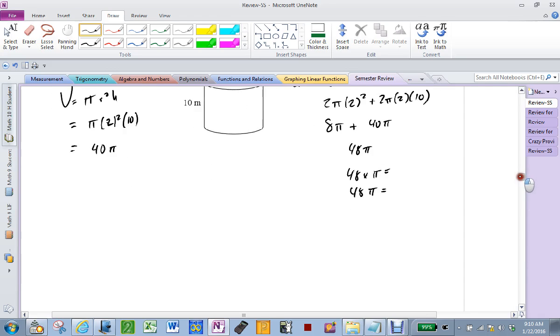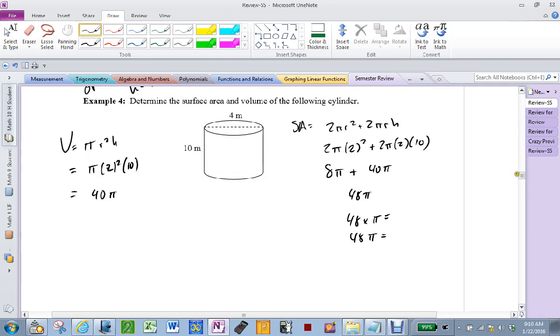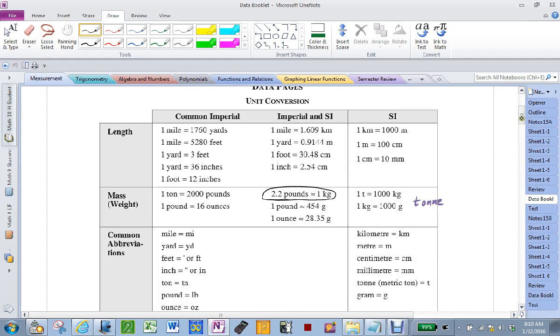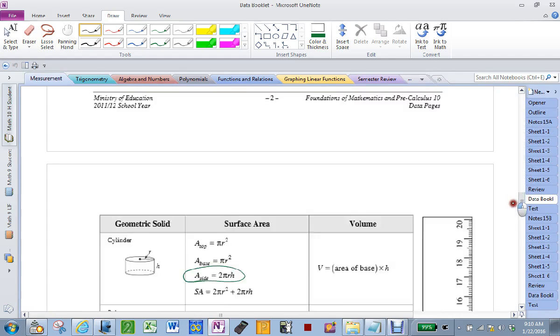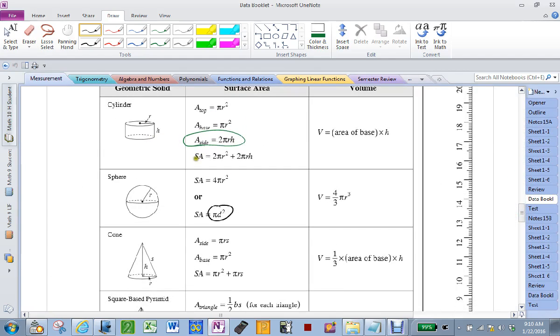Unless you screwed up the equation somehow. How can you screw up the equation? The equation is there for you. Surface area, volume, area of base times the height. It is impossible to do these questions wrong. I do not know why kids don't get 100% on surface area and volume.